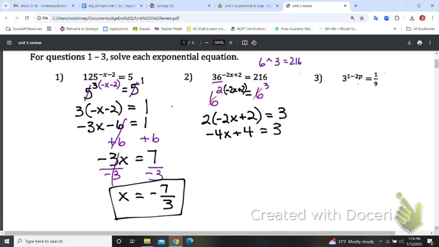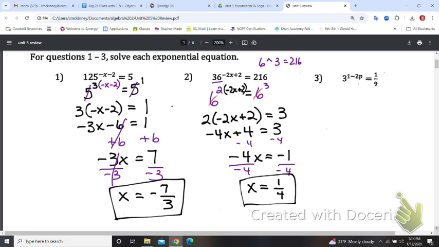So I distribute it. Now I'm going to subtract 4 on both sides, and divide by -4. Two negatives do make a positive, so please be sure to clean that up and give me a positive for the answer.